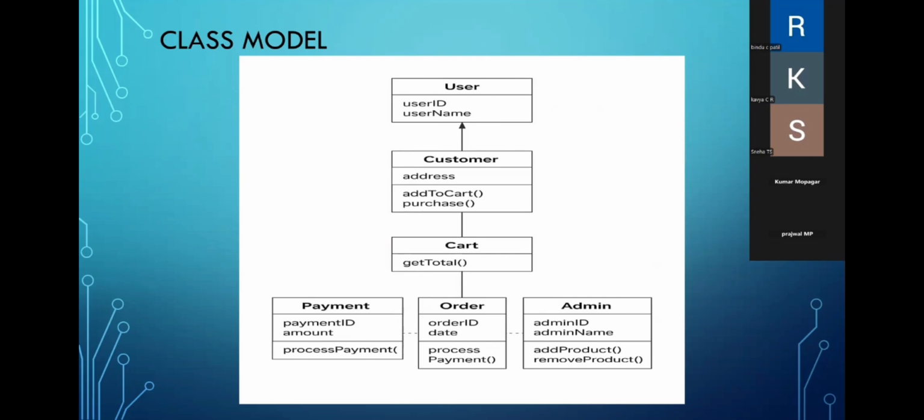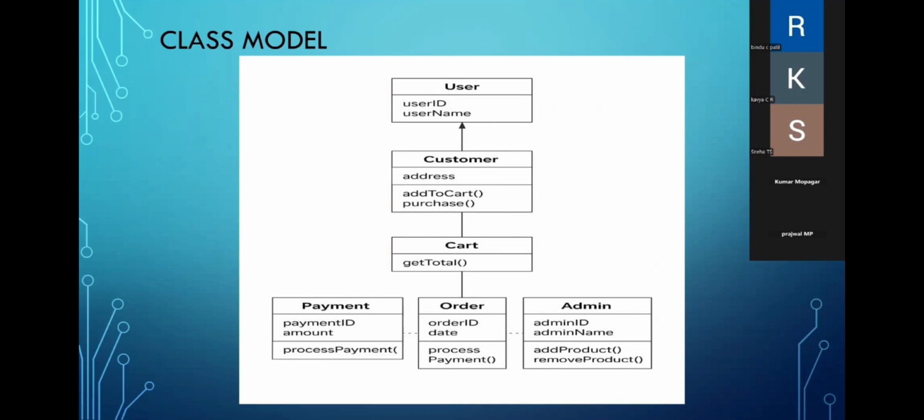When a customer purchases, the cart turns into an order with attributes like order ID and date and an operation process payment. The payment class has payment ID, amount, and process payment to handle the actual transfer of money for a specific order.